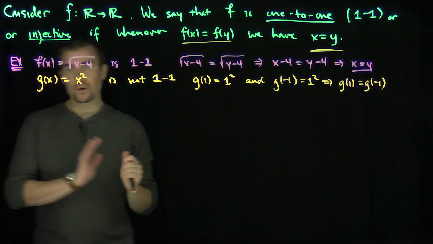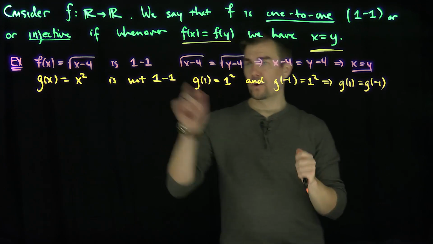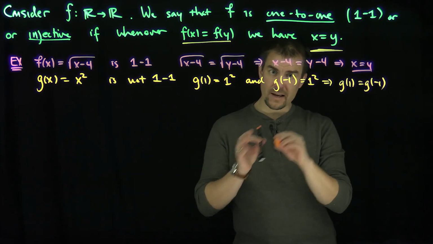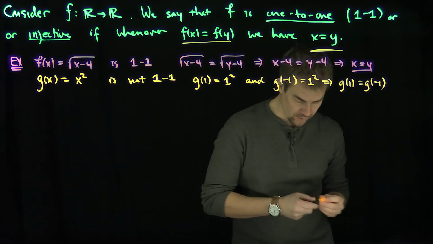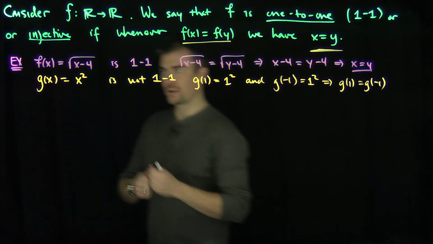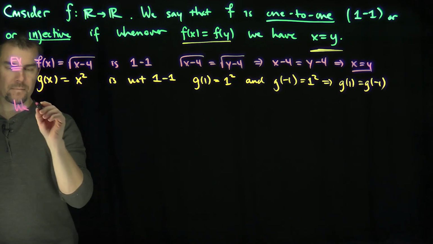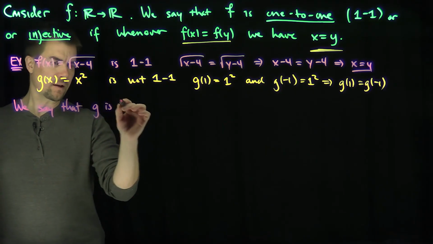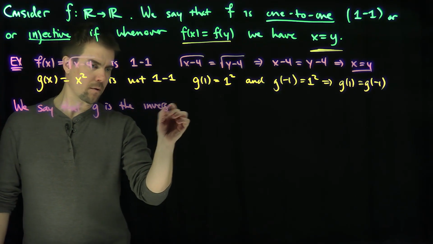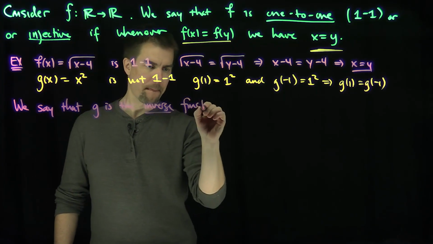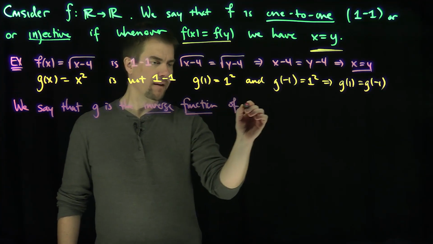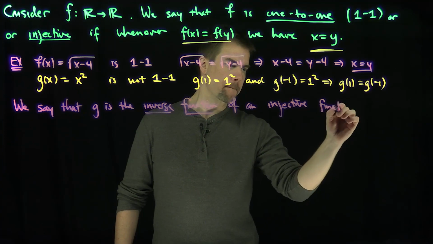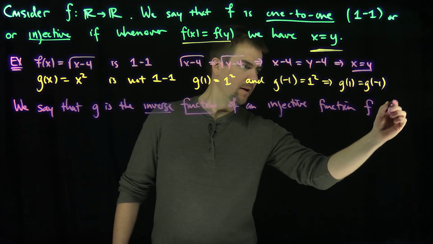Now, injective functions are great because injective functions, or these 1-to-1 functions, if I consider them as functions from their domain onto their range, have what's known as an inverse function. So here's the definition: we say that g is the inverse function of an injective function f if two things are true.